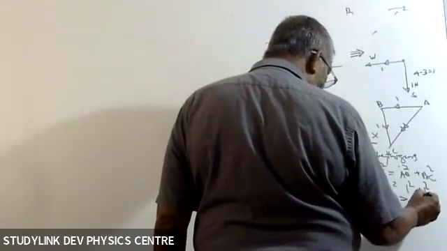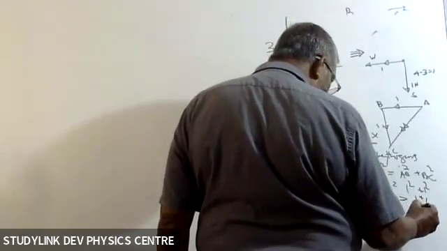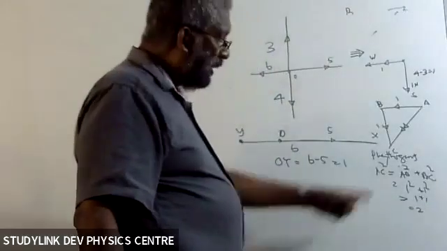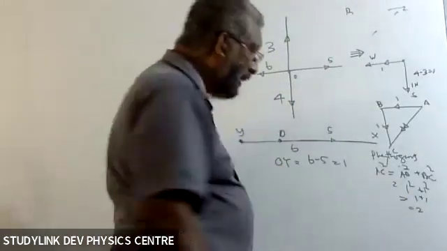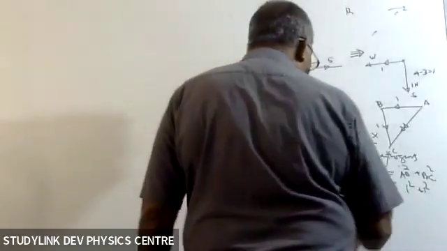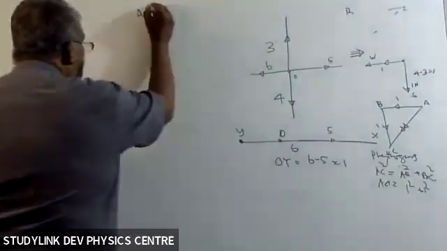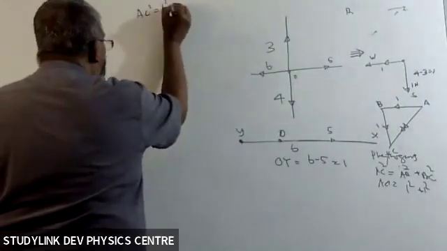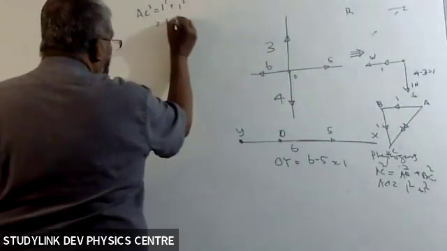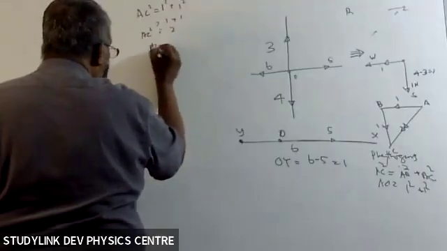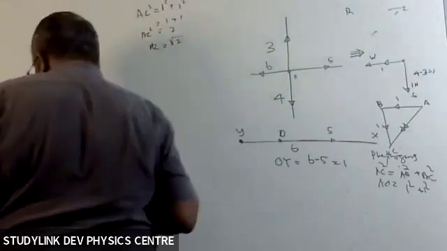That means 1 plus 1, that is 2. Now AC squared is 1 squared plus 1 squared, 1 plus 1, that means 2. Then AC is equal to the square root of 2.